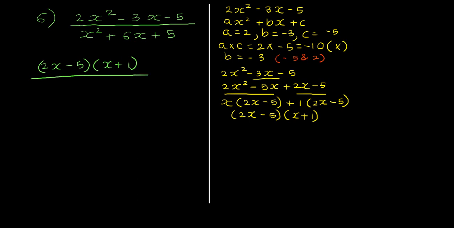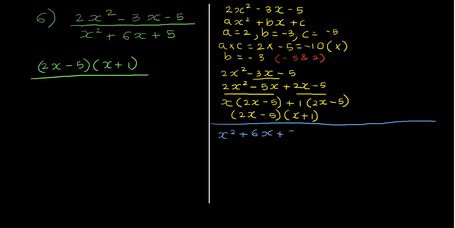We need to factorize the denominator. We'll do the denominator in a different color, blue. Just a quick line here to separate it. The denominator is x squared plus 6x plus 5.